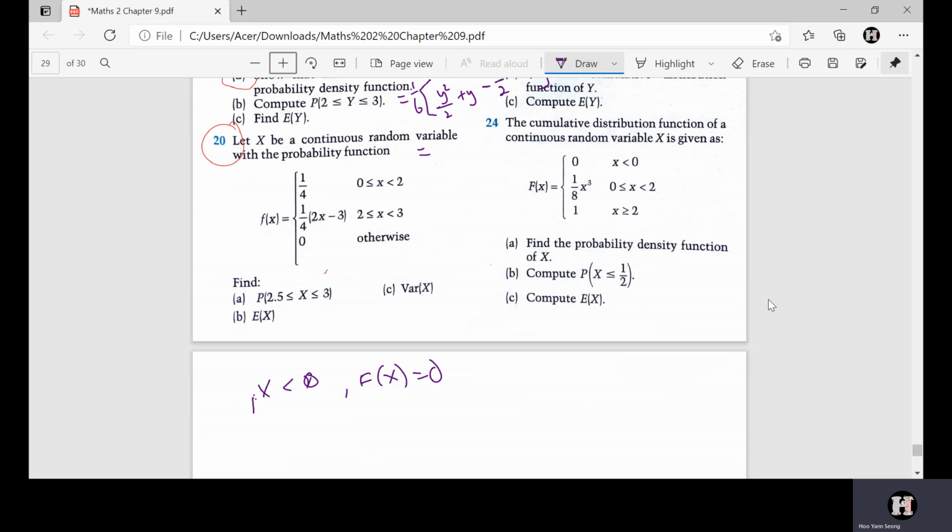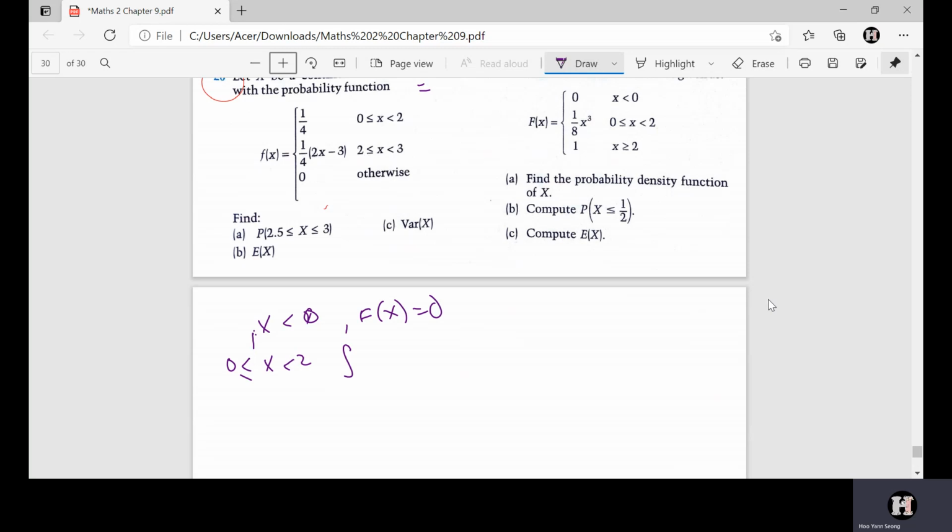And then for the range of 0 until 2, following the definition, our Fx is integrating from 0 to x, taking the first one, 1 over 4 dt. Since the question just now used t, we're going to have 1 over 4 t from 0 to x. So actually it's 1 over 4 x. That is for 0 to 2.